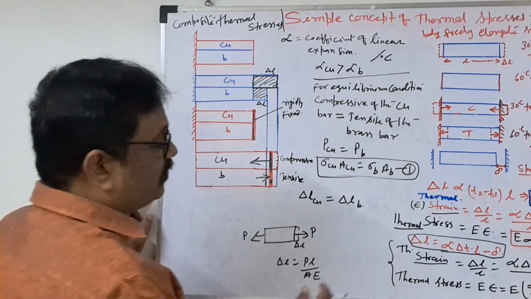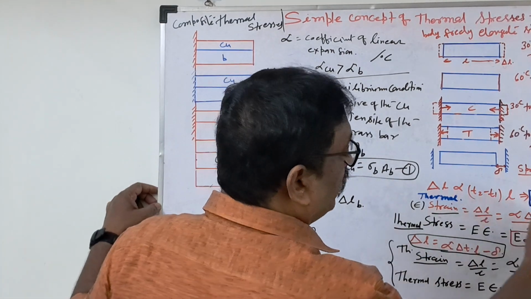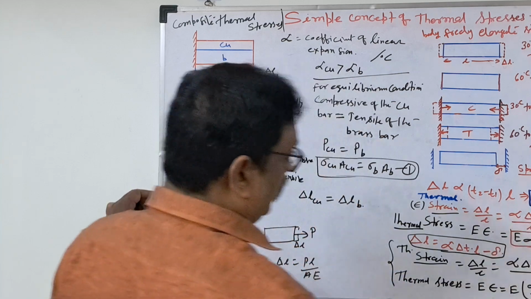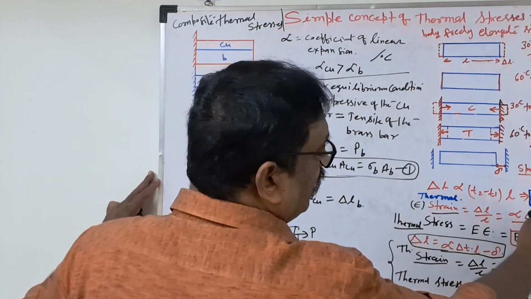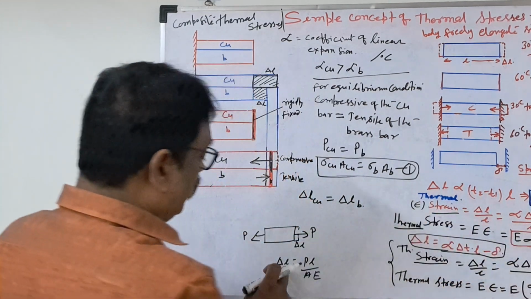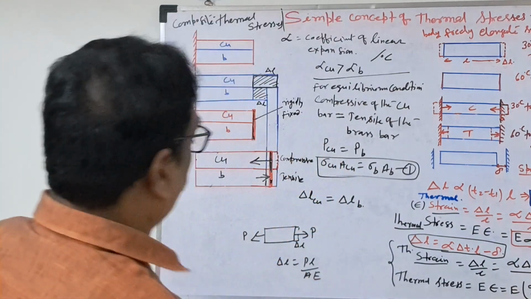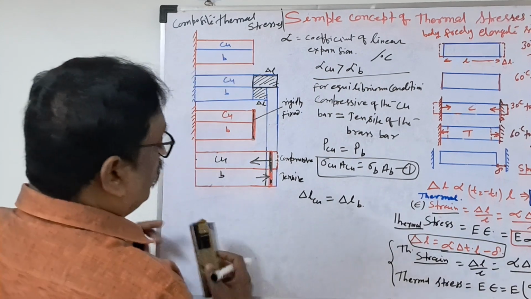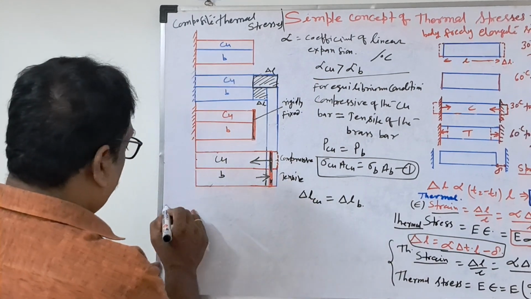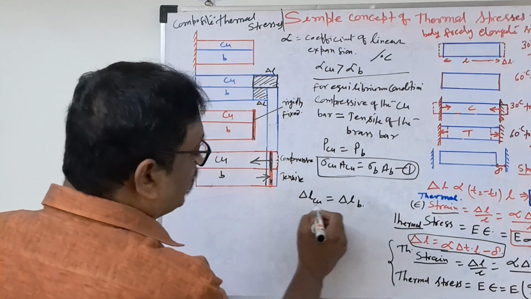What is thermal elongation? You see the thermal elongation, alpha delta TL. Mechanical elongation, PL by AE. So here, what is the concept here? The copper bar will elongate mechanically as well as thermally.